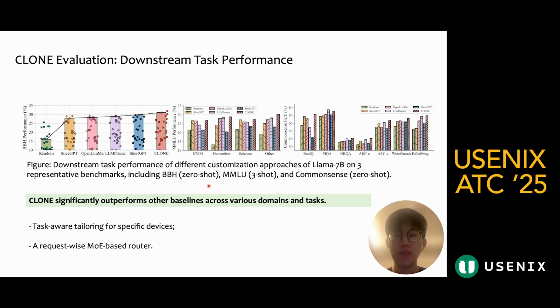Beyond the generation, we next evaluate Clone for the real-time text-solving benchmarks, BBH and MMLU, and the common sense tasks. We can see that Clone significantly outperforms the other baselines across all the benchmarks.